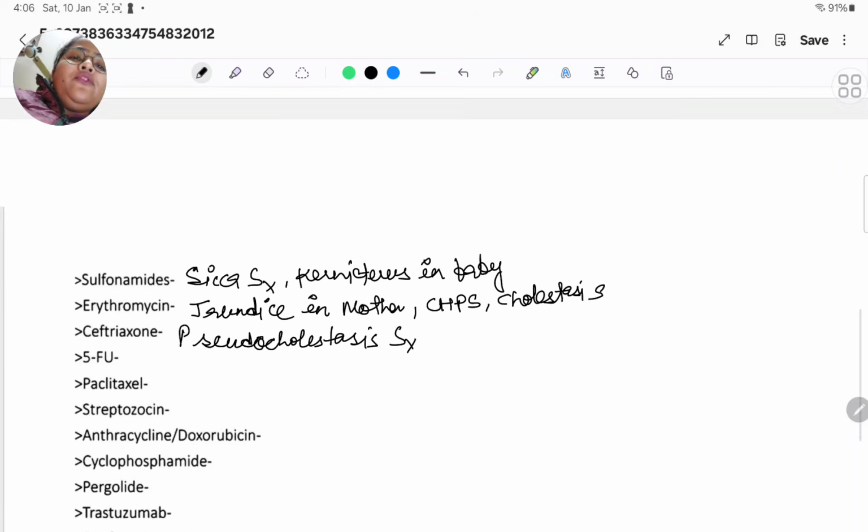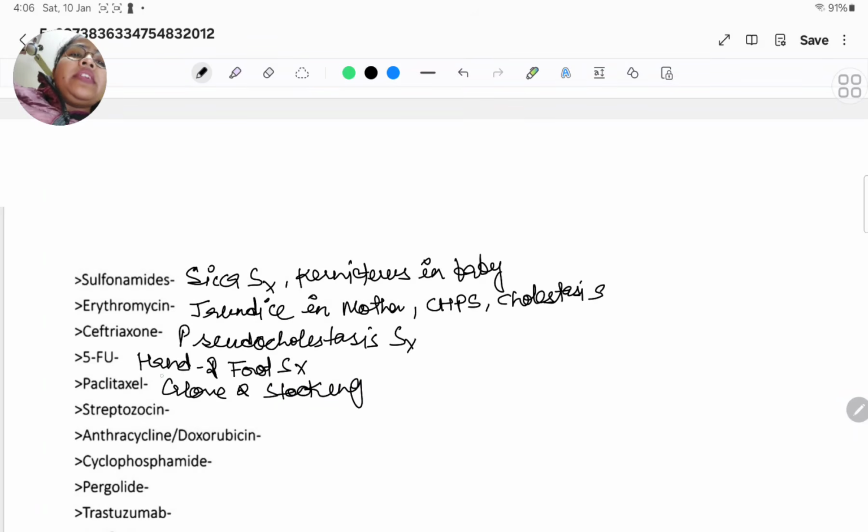Now 5-fluorouracil causes hand and foot syndrome. Some other anti-cancer drugs: paclitaxel causes glove and stocking neuropathy. So 5-fluorouracil, hand and foot, and paclitaxel, glove and stocking neuropathy. Okay.